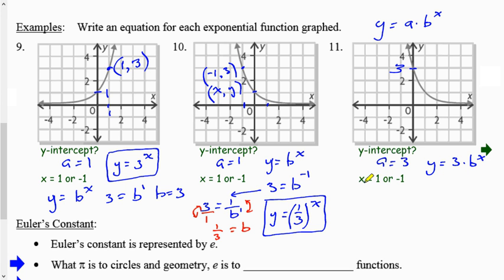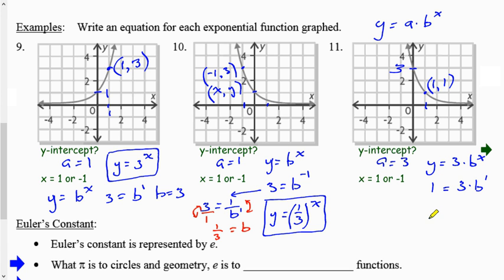Negative 1, I can't see it, it's off the grid. Positive 1, this point I can see, so my graph goes through 1 comma 1. So it gives me an xy ordered pair. I can plug in the y value is 1 when my x value is 1.